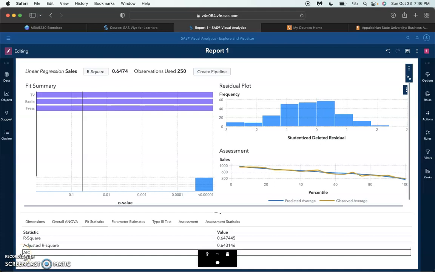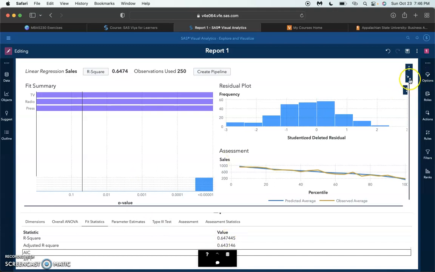Then we are now looking at the R-square values between the baseline and the new model statistics. You can see right here that the R-square for the baseline is 0.647445.